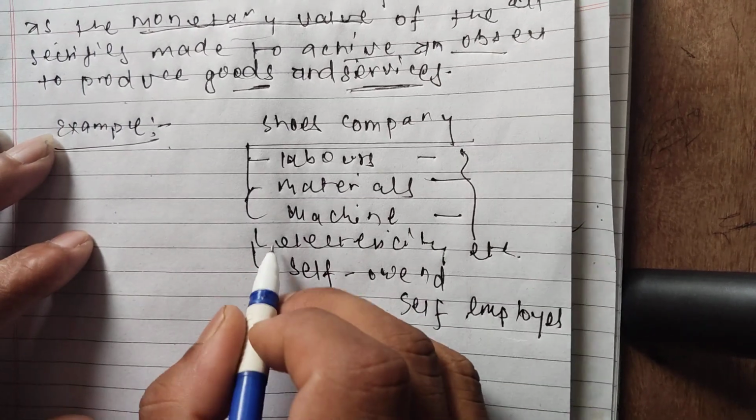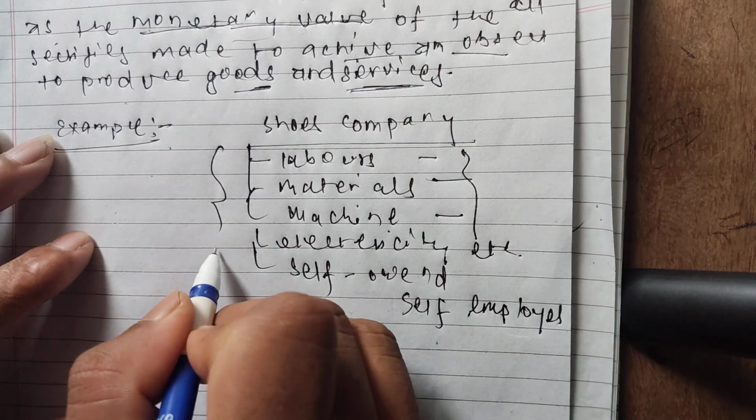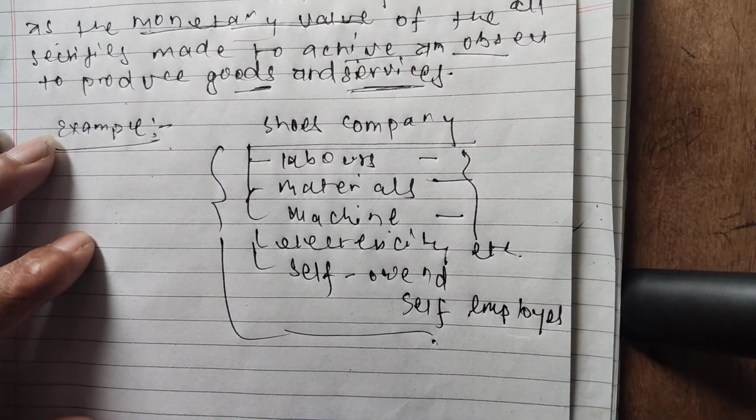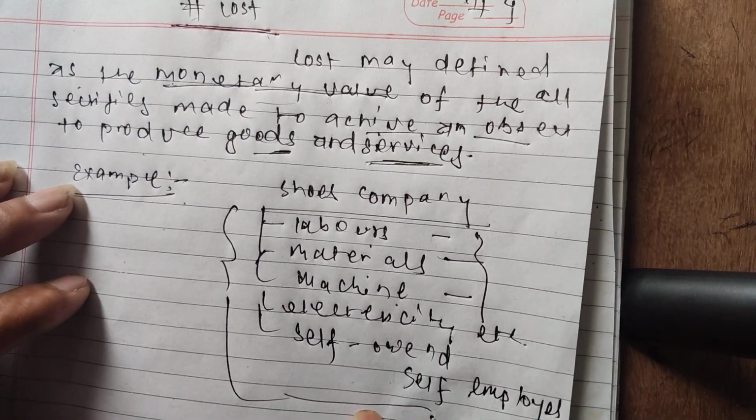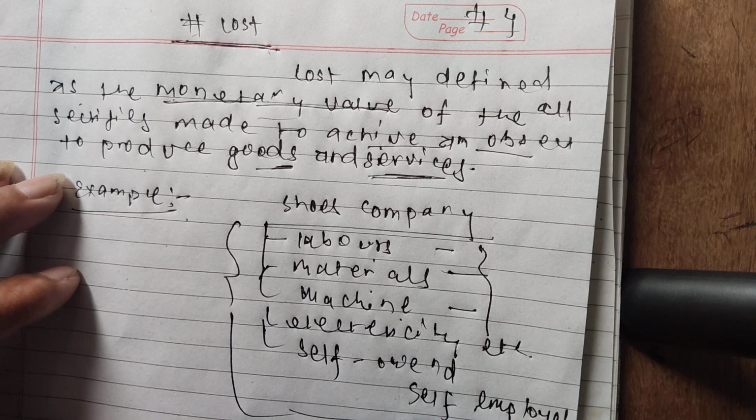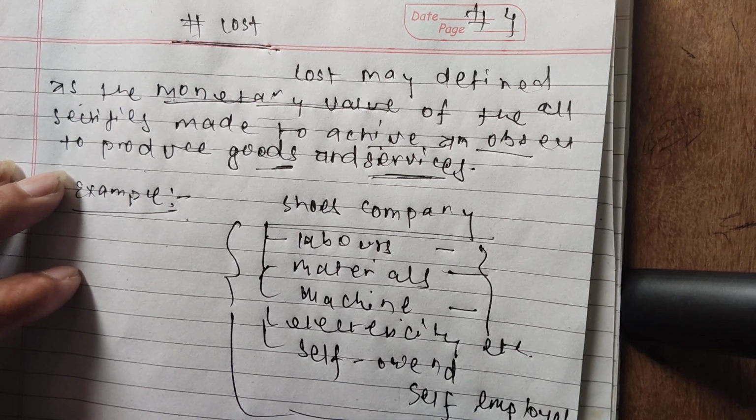These all expenses are calculated under the cost that is incurred by a firm for the production of goods.